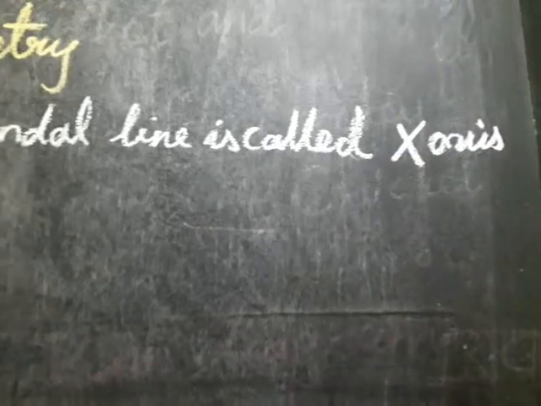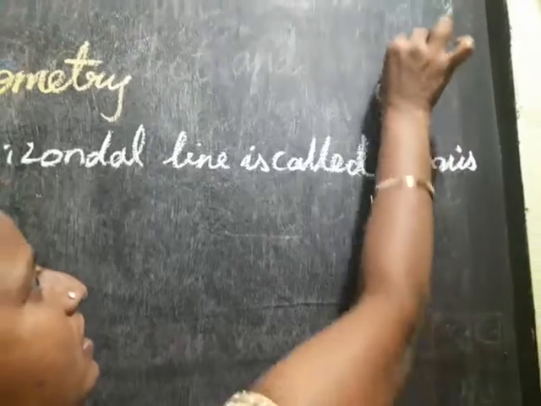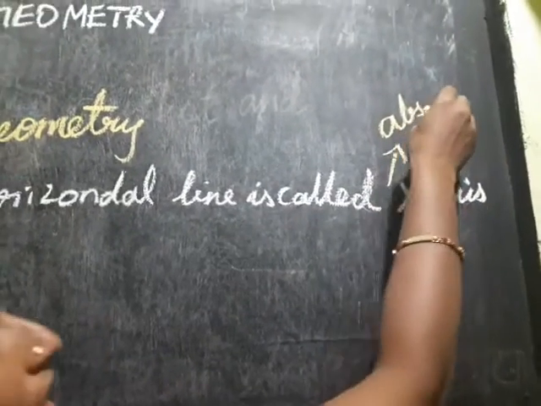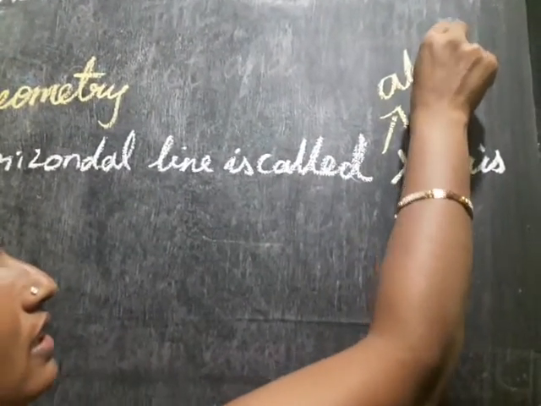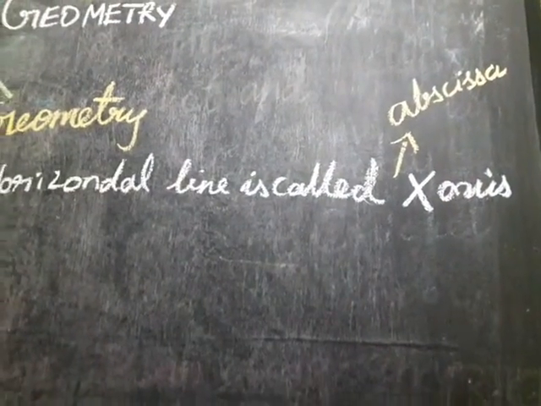Horizontal line is called x-axis, and another name for it is abscissa. A-B-S, abscissa. Horizontal line is called x-axis and another name is abscissa.